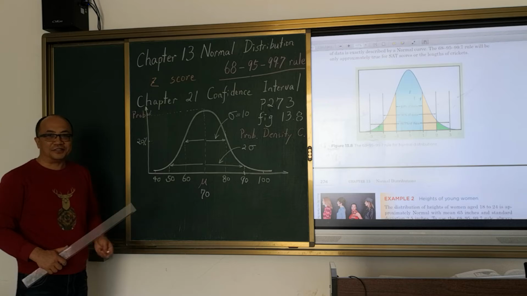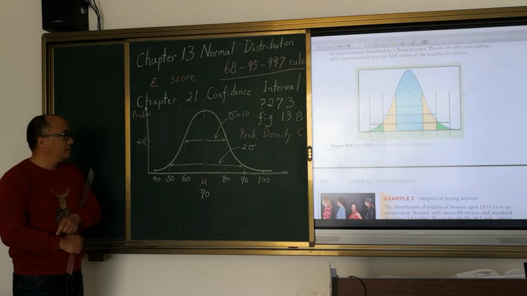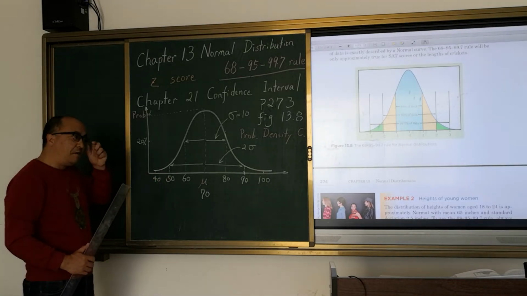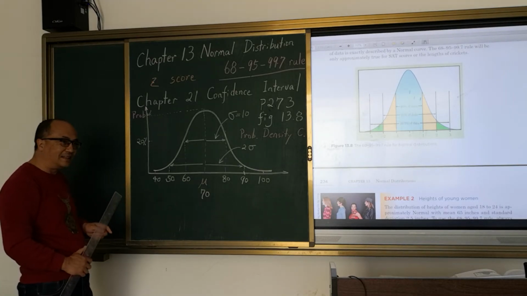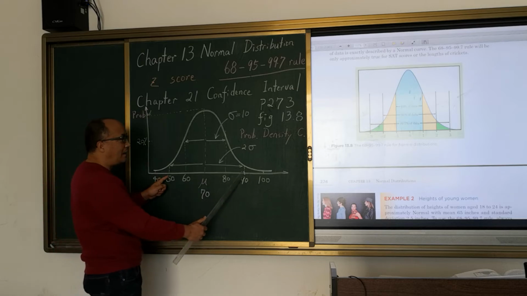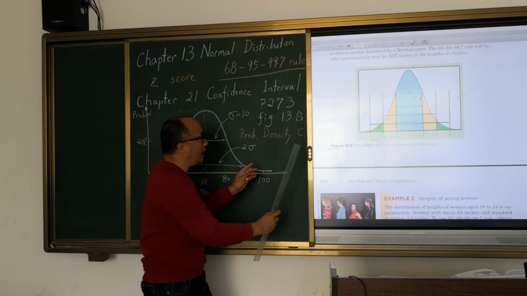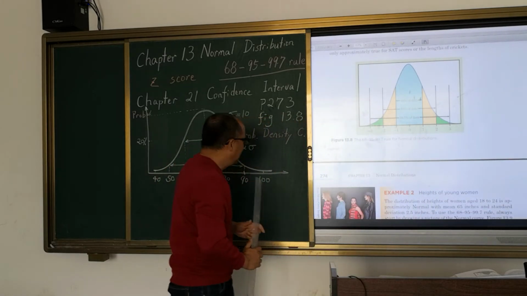Now I can create a lot of questions. What's the probability for a student's score to be between 50 to 90? It's 95%.